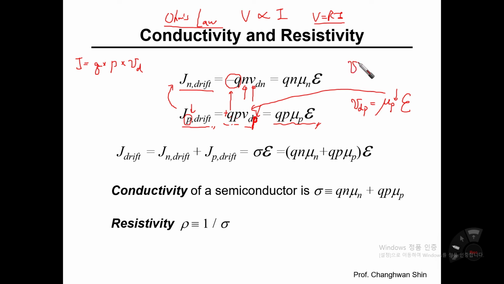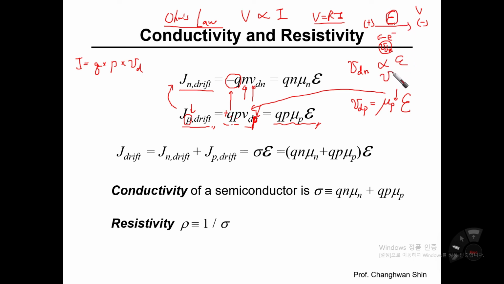And now Vd, the drift velocity of the electron, is proportional to the electric field. But think about the direction. If an electric field is applied from left to right, which means a plus-minus voltage difference is formed, which way is the electron moving? Definitely toward the plus anode direction. Then the direction of drift velocity is opposite to the electric field direction.